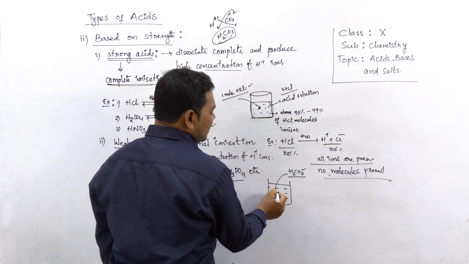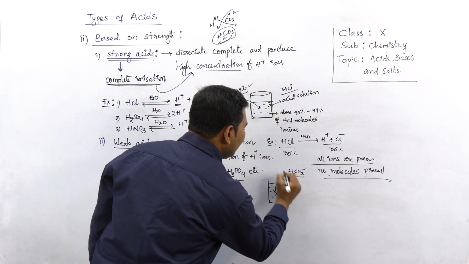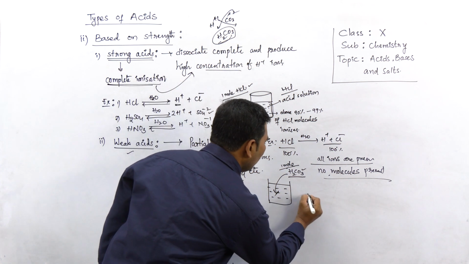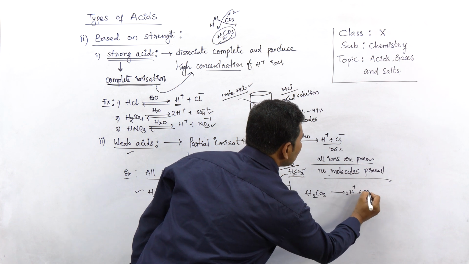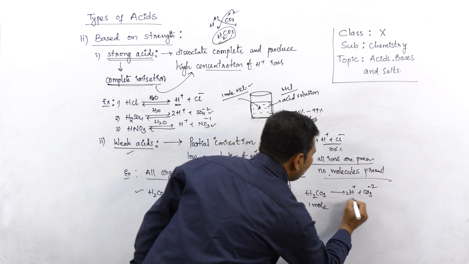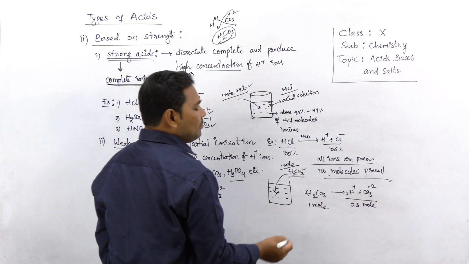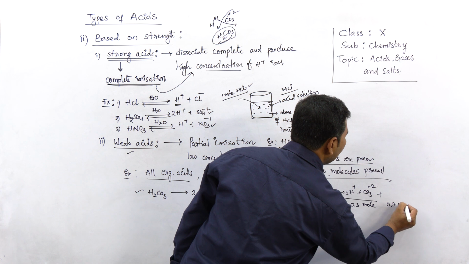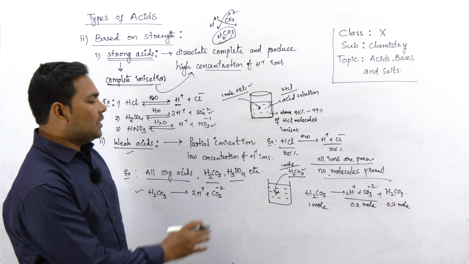Now this carbonic acid, when added to distilled water, undergoes ionization. But if I take 1 mole of H2CO3, out of 1 mole, let's imagine only 0.3 mole splits into 2H+ and CO3 2- ions, whereas the remaining 0.7 mole will be in the undissociated form, as H2CO3 molecules.